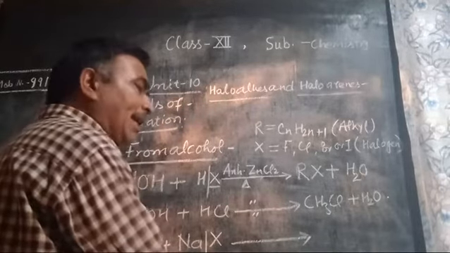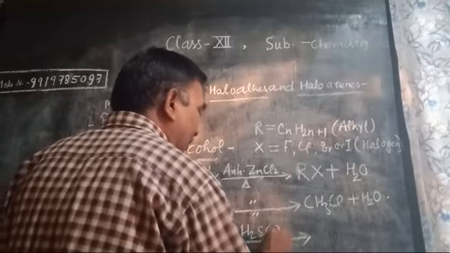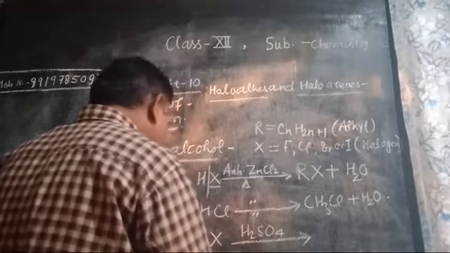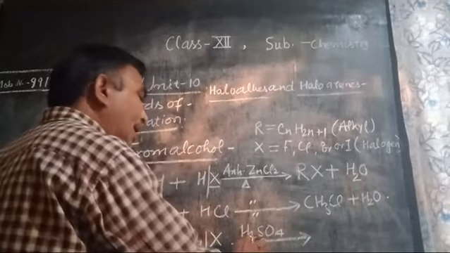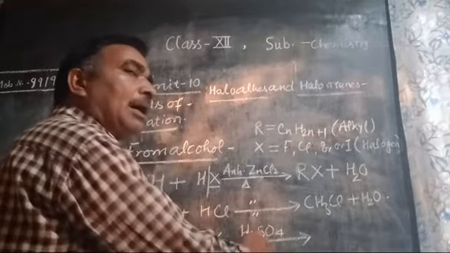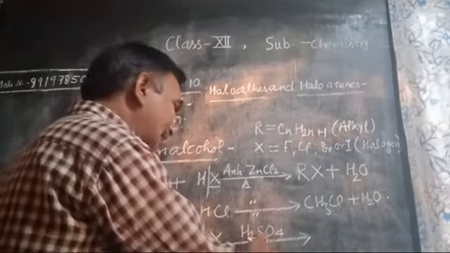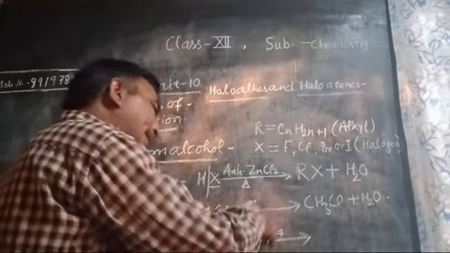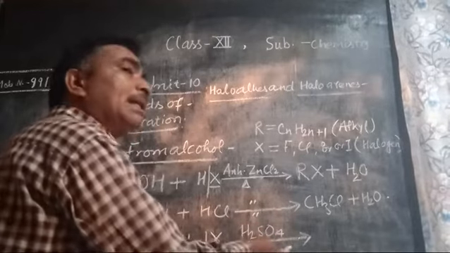To neutralize NaOH, H2SO4 is used, by which the salt sodium sulfate and water molecules are formed. H2SO4 absorbs water molecules, that is, it acts as a dehydrating agent and a neutralizing agent both.